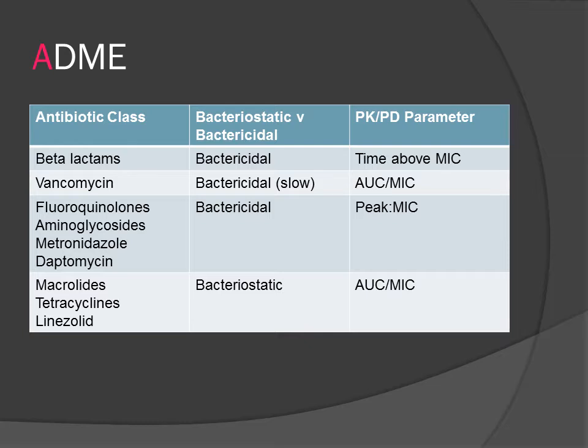So the higher the dose you get, the better the effect is, the better the killing is. Macrolides, tetracyclines, and linezolid are bacteriostatic agents, and they also work on the AUC versus MIC system like vancomycin does, except that they're bacteriostatic instead of bactericidal.